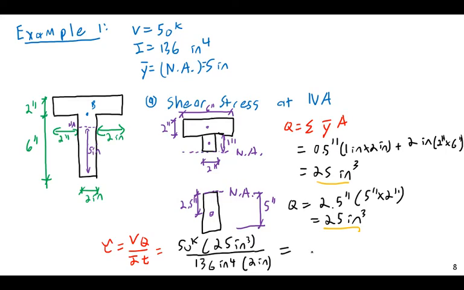And this then equals 4.6 KSI. 4.6 KSI. So that is the shear stress at the neutral axis.